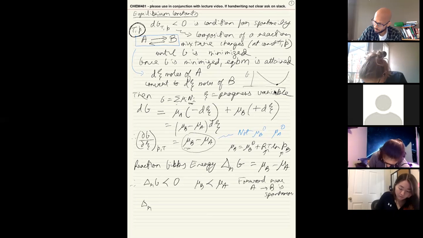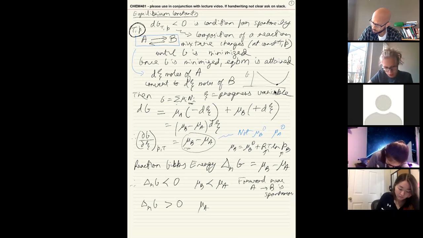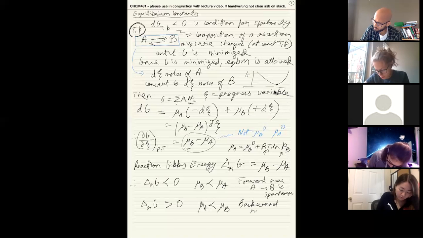And if delta rG is positive, that is mu A is smaller than mu B, then the backward reaction, B going to A, is spontaneous.